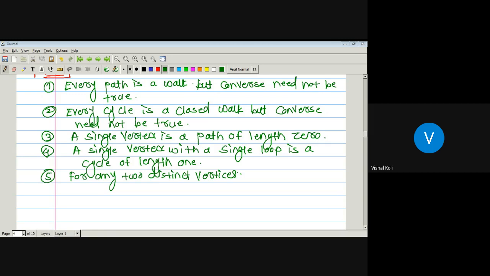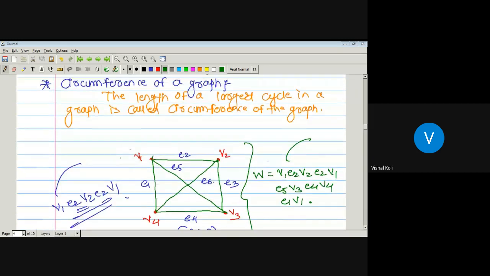If there are two vertices in my graph, will the path between them be unique, or will more than one come? For example, here there are two vertices, v1 and v3. Is there any path from vertex v1 to v3, and if there is, is it unique or more than one?